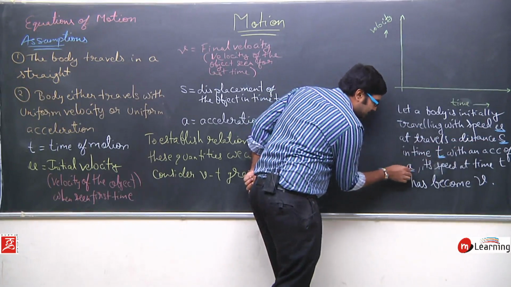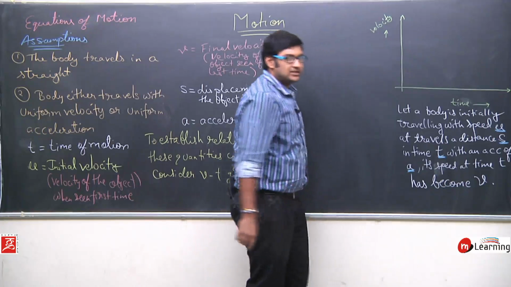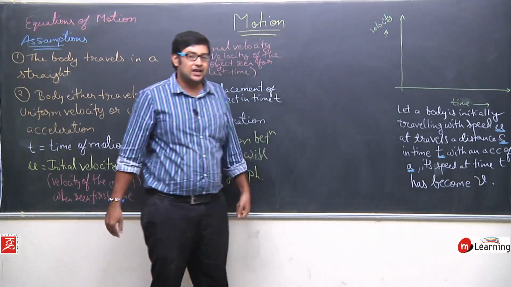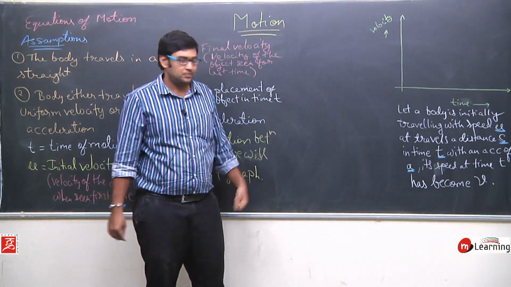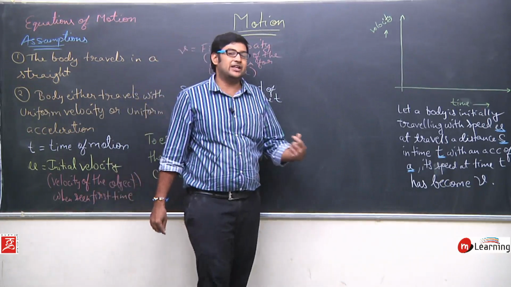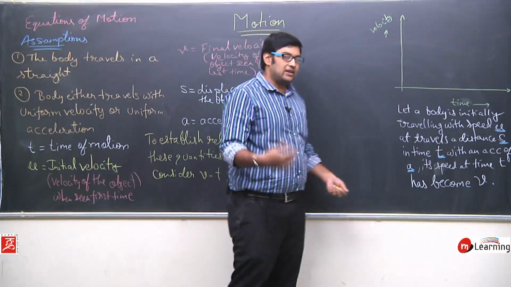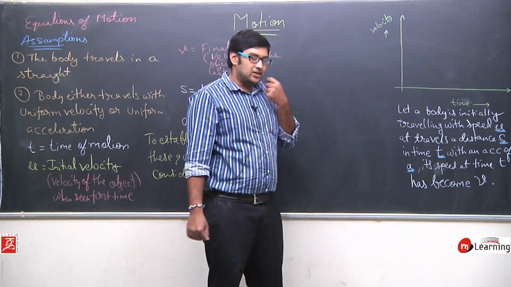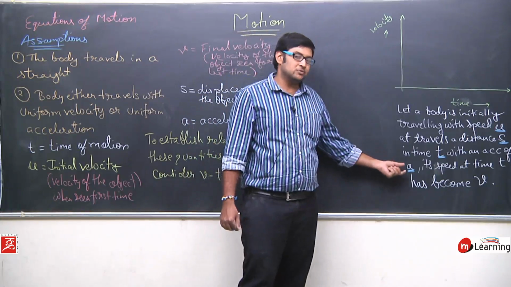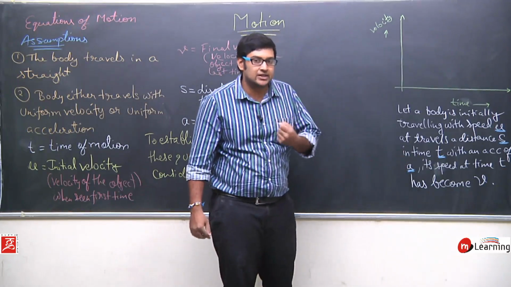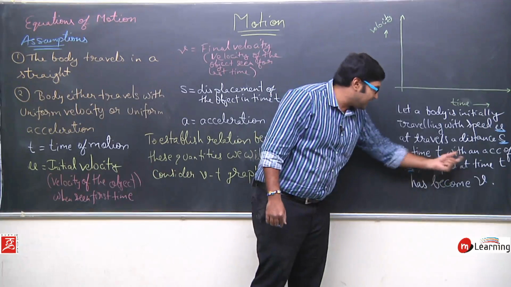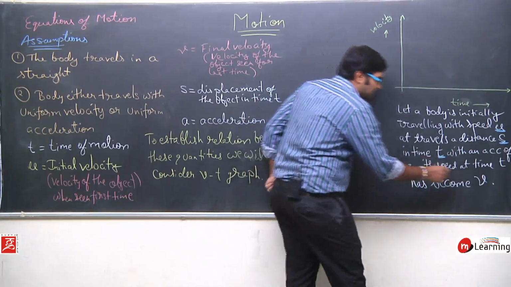It means its speed is either increasing or decreasing. For simplicity we will take it as increasing, and then we will extend it to the decreasing case as well. So for the time being, just assume that velocity is increasing and the acceleration is positive. Its speed at time t has become v.